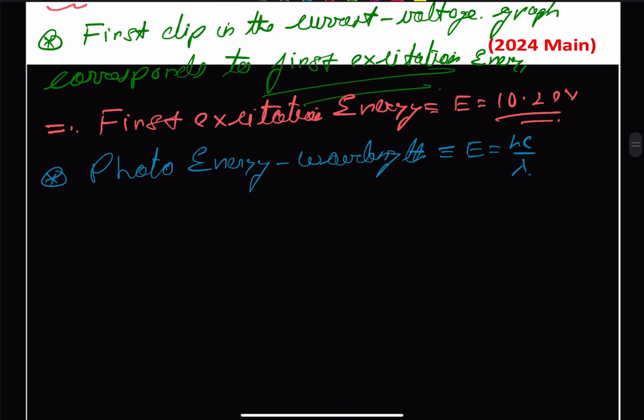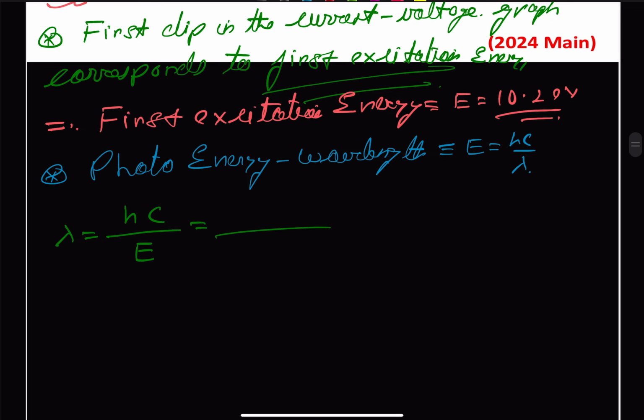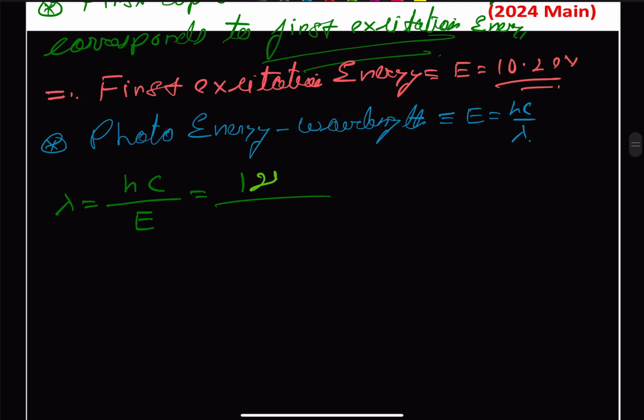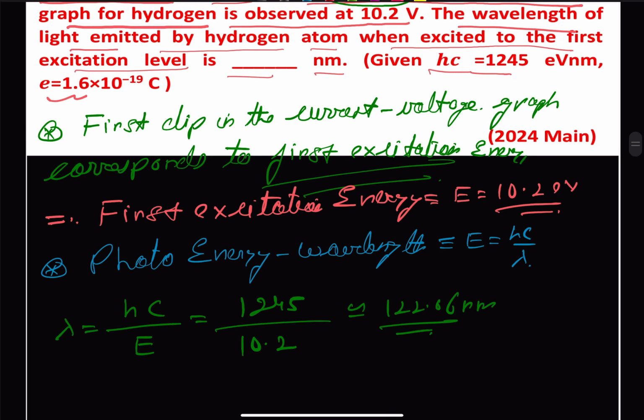So from here we can say our lambda is equal to hc upon E. hc is given to us as 1245 and energy is our 10.2. This gives us 122.06 nanometers.